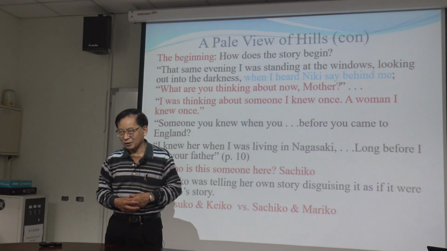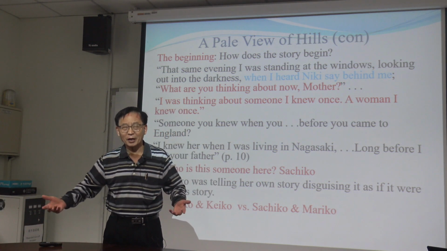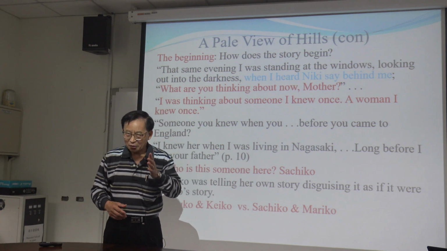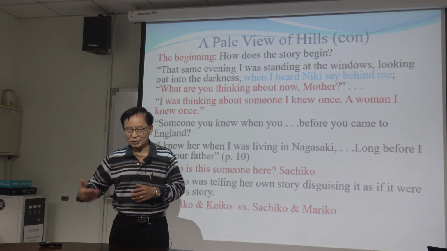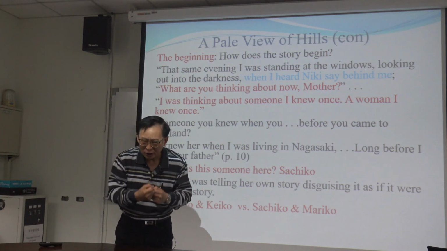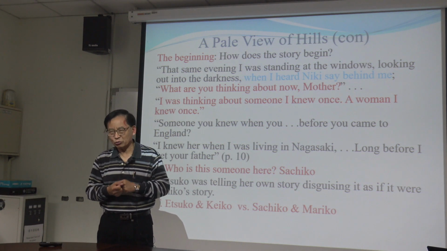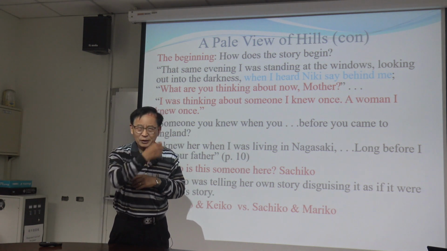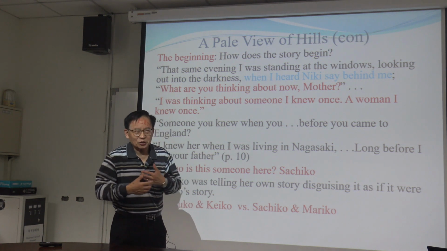But obviously, when they get together, the mother is always telling her past story to the younger daughter, to Niki. And it seems to us, Niki is a good listener, even though sometimes Niki chooses not to be very attentive. So why storytelling? Why in particular does Etsuko need to tell the story?